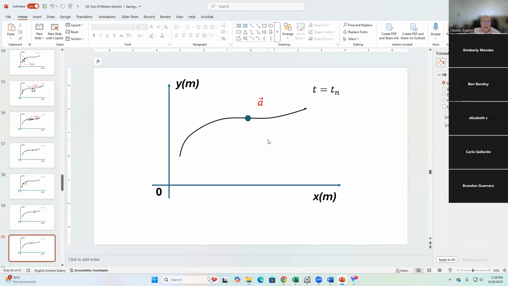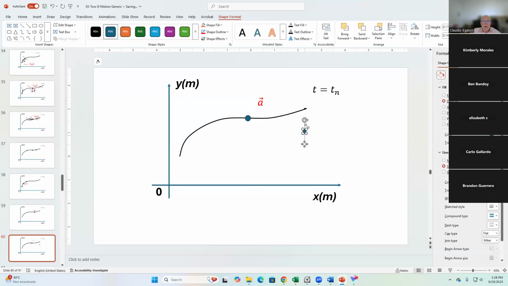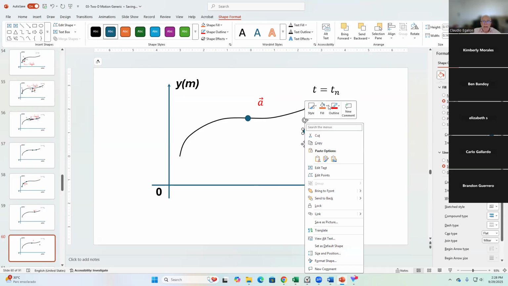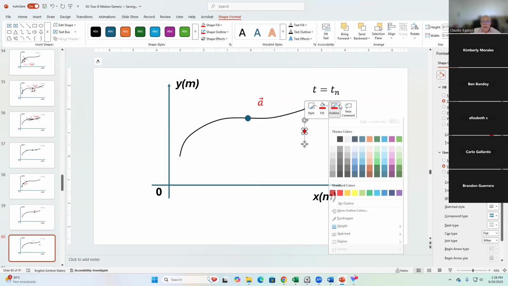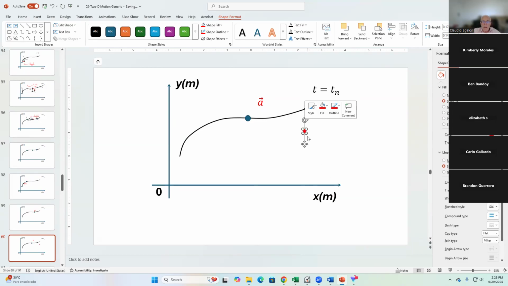I'm going to represent the zero acceleration vector with a small dot. Here you go. Let's see if I can shrink it even more.